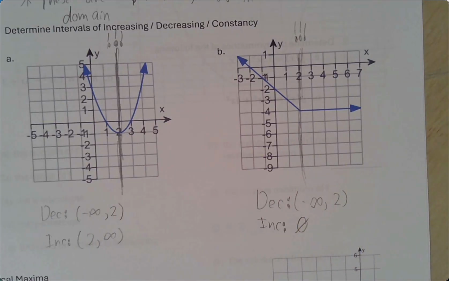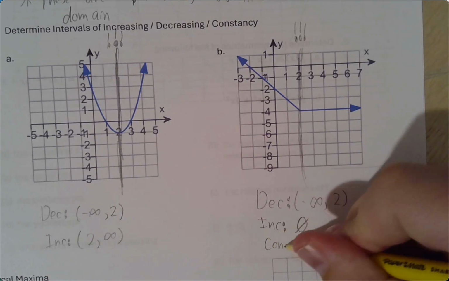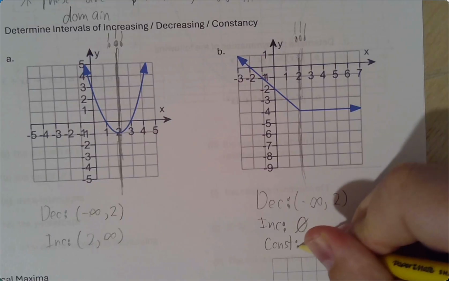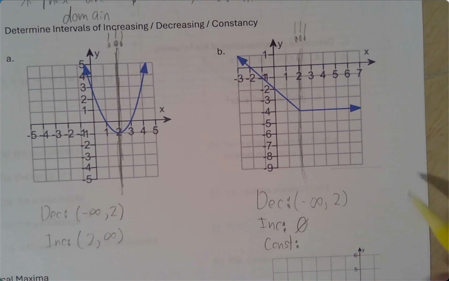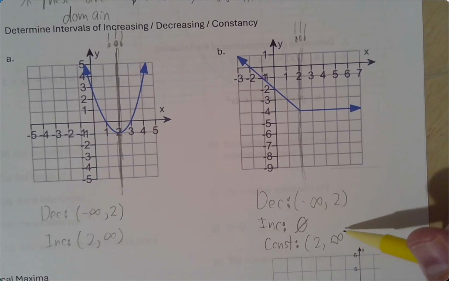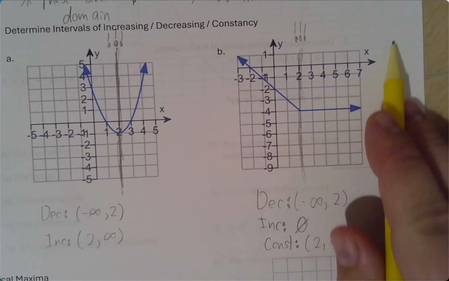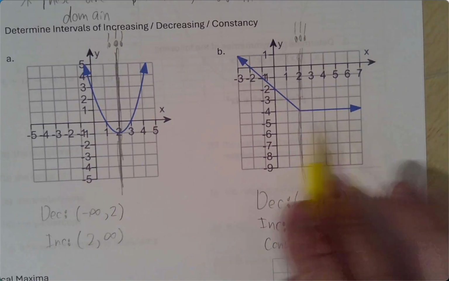But guess what? I still haven't filled everything out on my domain, so there must be something else going on here. And there's a place of constancy where the graph does not increase or decrease, and that, in this case, is from 2 to infinity. From 2 on, the graph never moves up or moves down. It always stays -4.